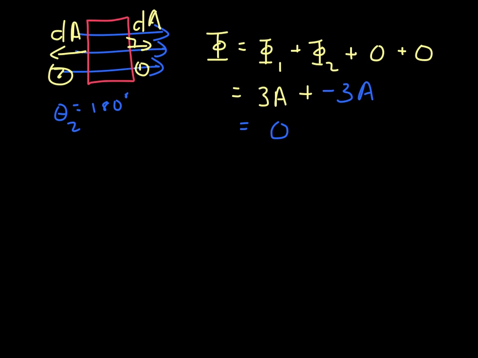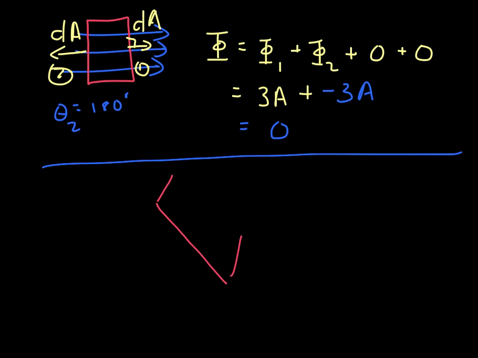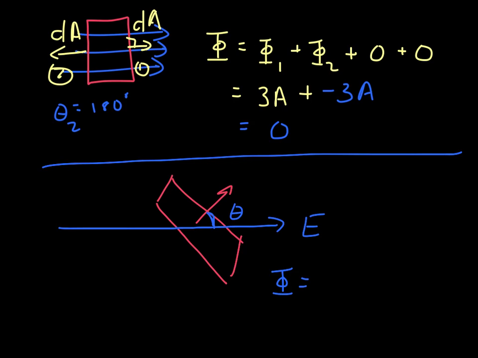So let's do a real quick example, one where theta is not equal to 0. Say you've got a plane right over here, and this would be your dA. This would be your electric field. This would be theta. So in here, your flux equals whatever E is times this area times the cosine of theta.